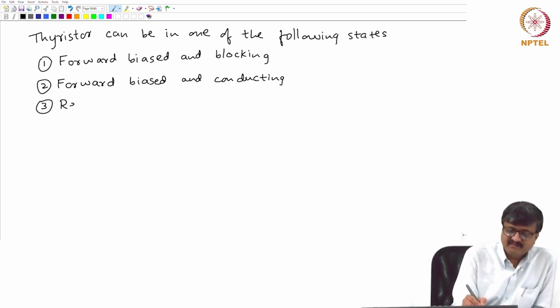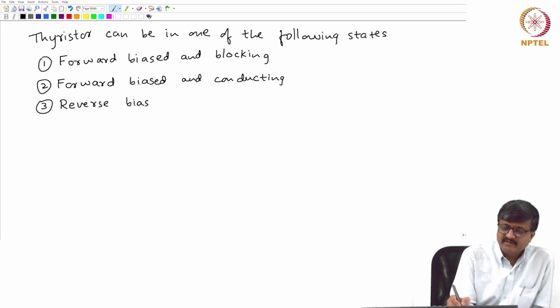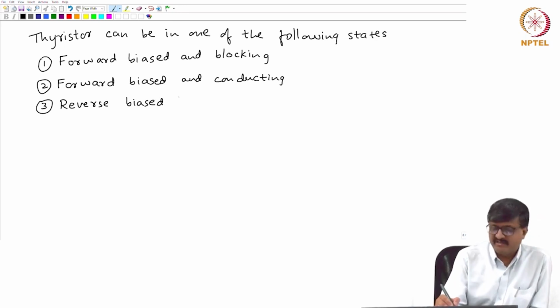The third state is reverse biased and blocking.